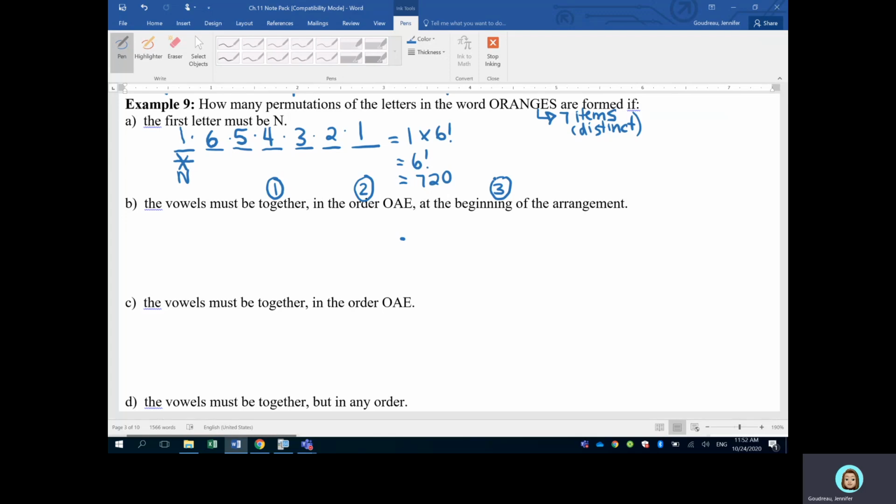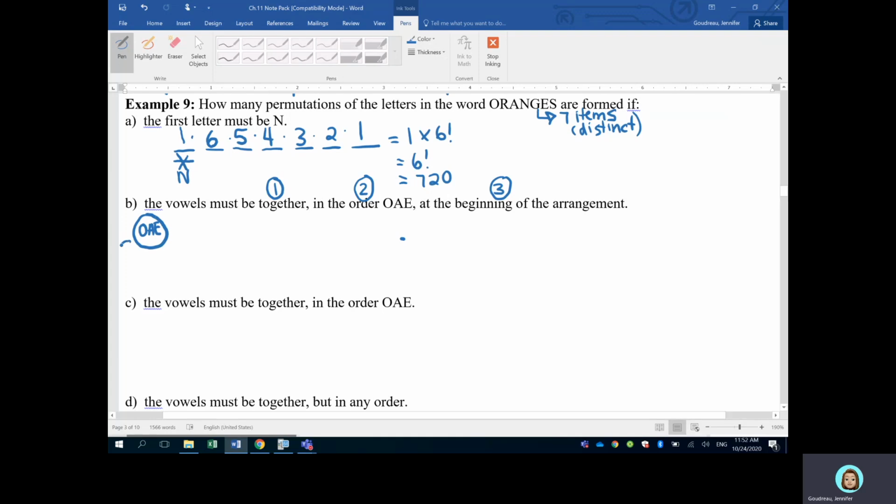Starting with the vowels must be together. Anytime we have an example where items must be together, we are going to take those items and put them together inside a circle, which represents that those 3 items now become a single item. They used to be each individual units. Now we stick them together and they become 1 unit.